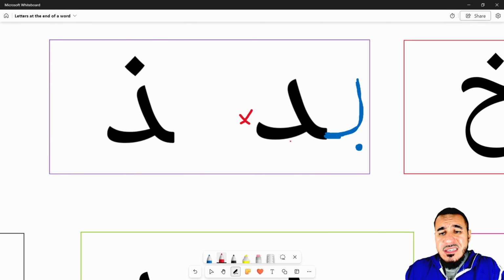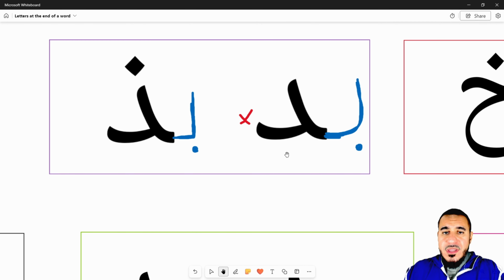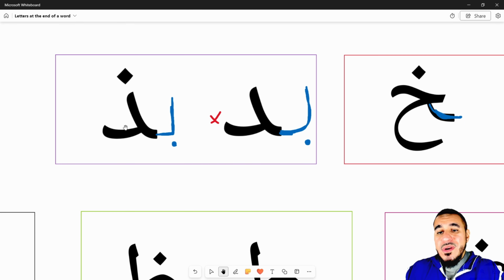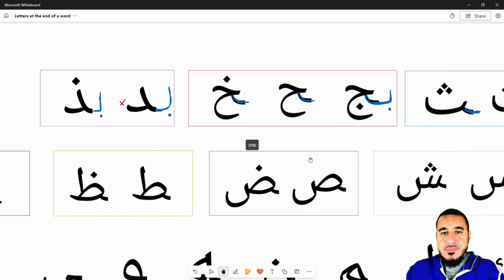It's the last letter in the word, so no letter would come after it. And the same with the dhal, we can put another ba here just before connecting it to the dhal. So the dal and the dhal appear the same as when they are in the middle of a word. It's just that no letter would come after it.